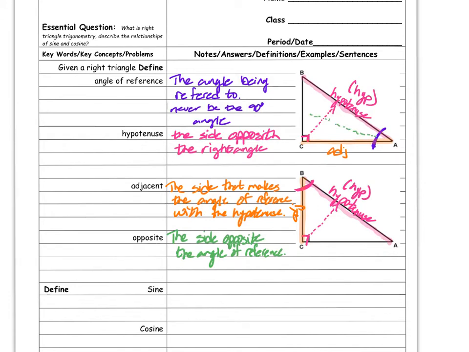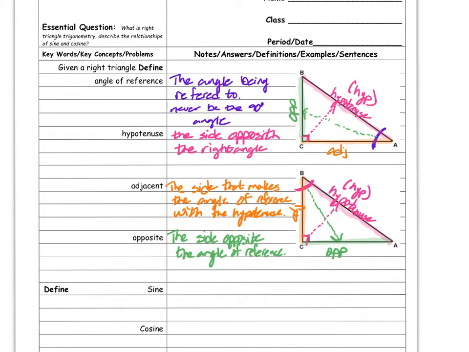Opposite means I go through the triangle. And if this is angle B and I have to go through the triangle to get to the opposite side, I'm going to highlight that opposite side. Here we go. Opposite and opposite. Okay, and I'm going to abbreviate opposite just OPP. Opposite.